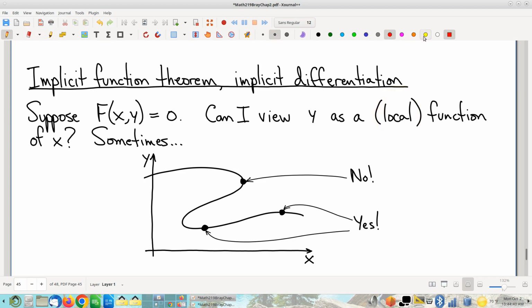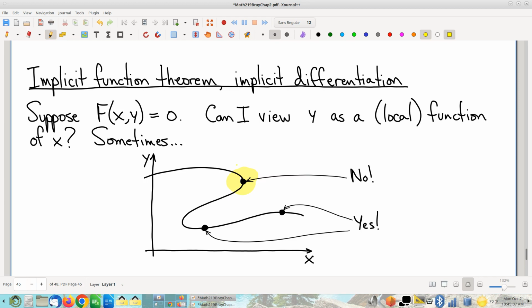At this point, it's not good enough. Sorry, I wanted to be in highlighter mode. At this point, this is small enough, but this isn't. You know what I mean? And so, okay, well, that's too big, so I'm going to make it smaller. And if some little problem were to arise here, then I could say, fine, let's make it smaller again. I get to make it as small as I want to.